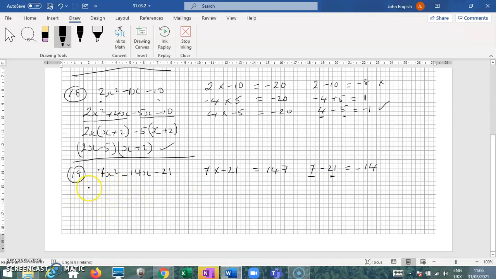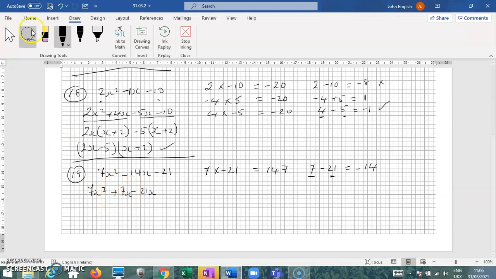Okay, so we're going to rewrite the expression again. So 7x squared plus 7 minus 21x. Again, I made a slight mistake there.